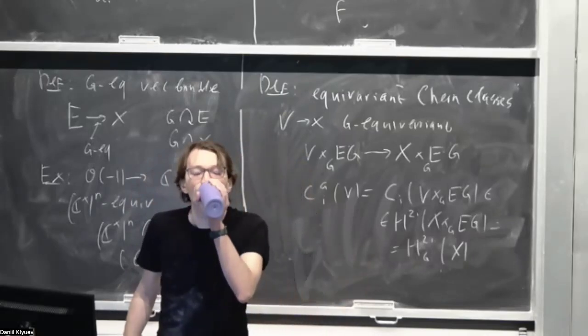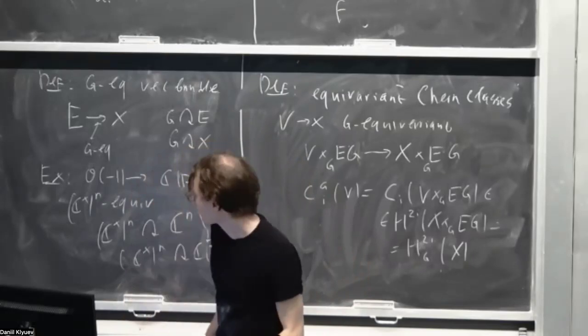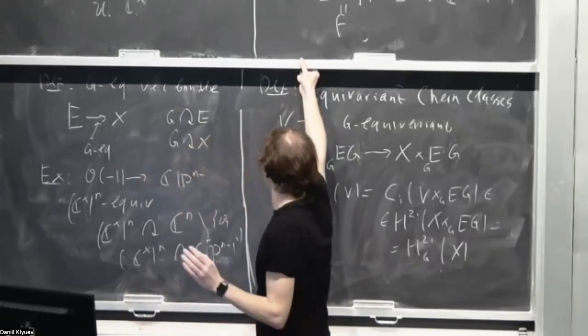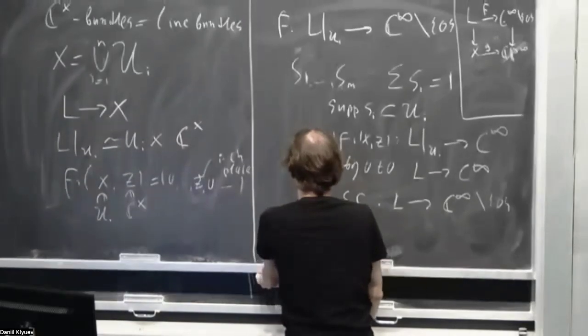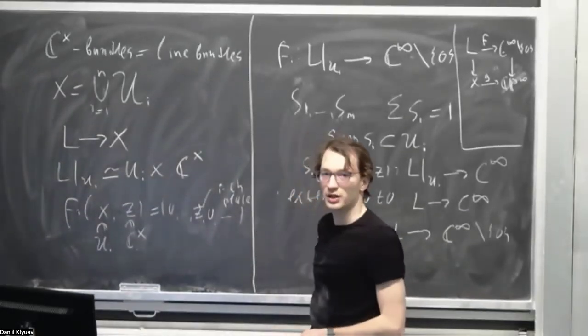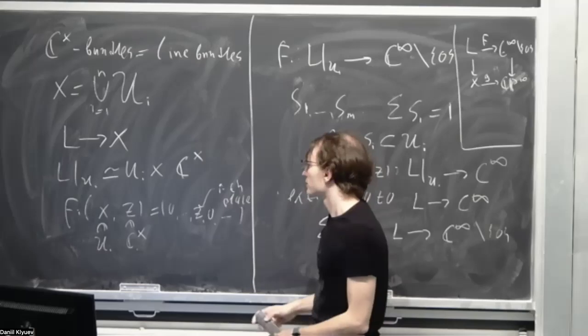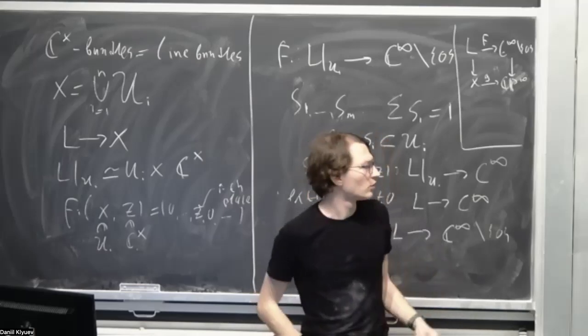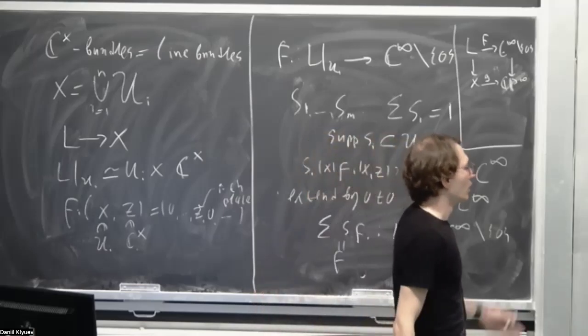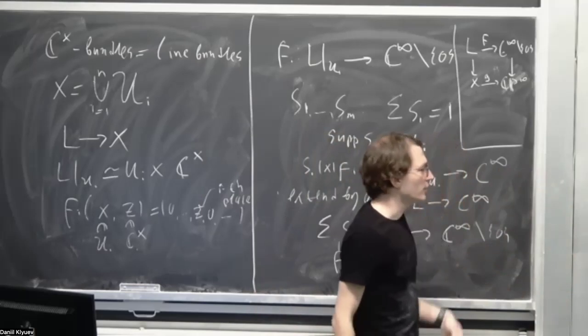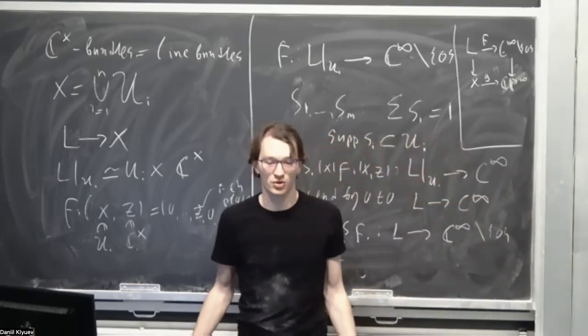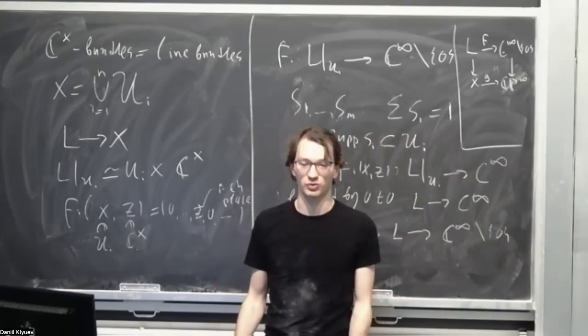What I did not tell you is that each equivariant homology ring is naturally an algebra. All our homology lives in even degrees, so there is no graded commutativity, there is just commutativity.